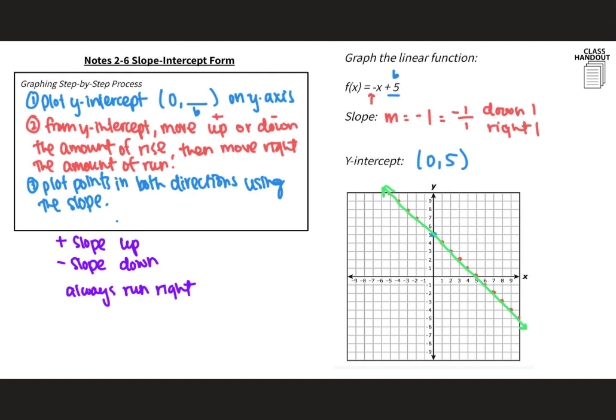And then lastly, we should turn whole number slopes into fractions. What I mean by that, if m equals 5, we should write that as 5 over 1 to help us better remember that we should run 1.